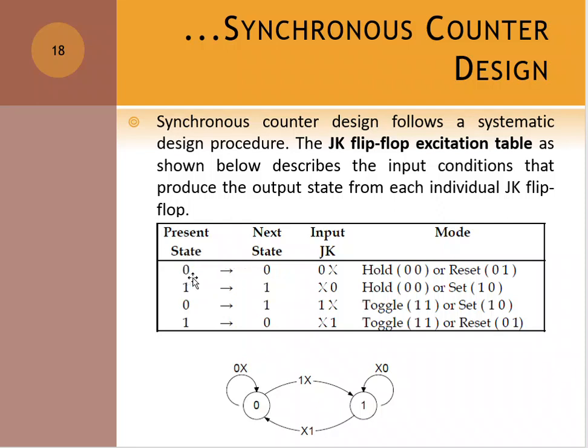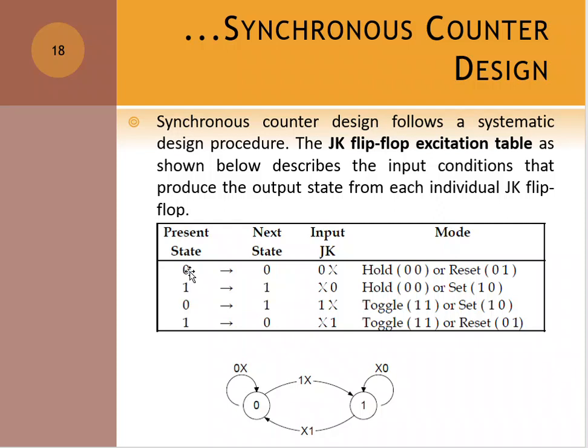So if the present state is 0, okay, next state will be 0 if J equal to 0 and K can be 0 or 1. So, bila kita letak tanda X ni, K boleh jadi 0 ataupun 1. Okay. So, maksudnya di sini, present state can be is 0.